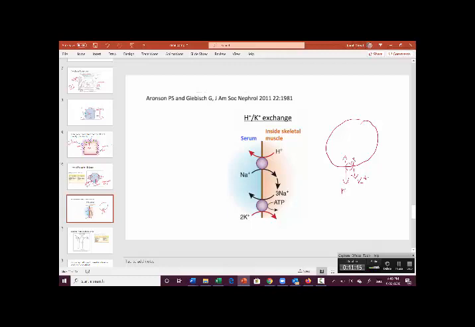Well, here is one simple mechanism. Here we have our hydrogen sodium exchanger, our good old friend that I introduced or reminded you about 2 slides ago. Sodium diffuses into the cell. Hydrogen is pushed out of the cell. When sodium comes into the cell, the ATPase then kicks it right back out, 3 sodium out for every 2 potassium in.